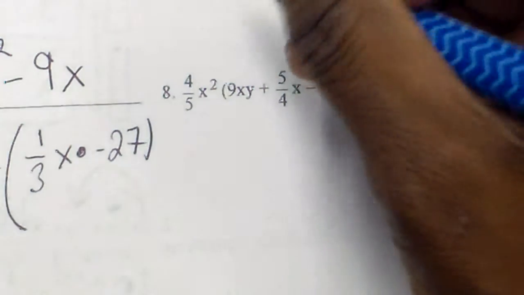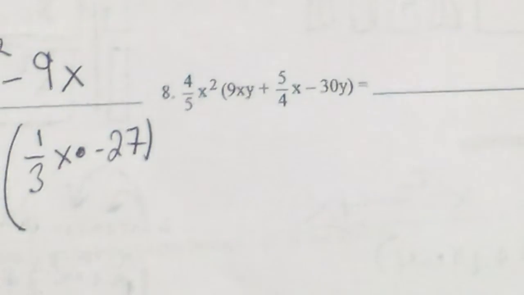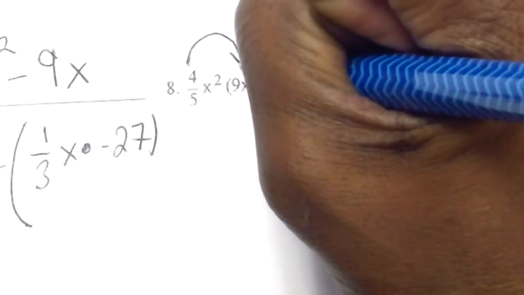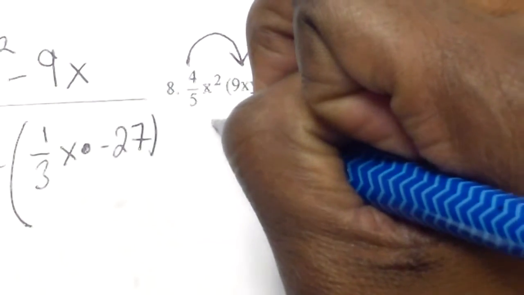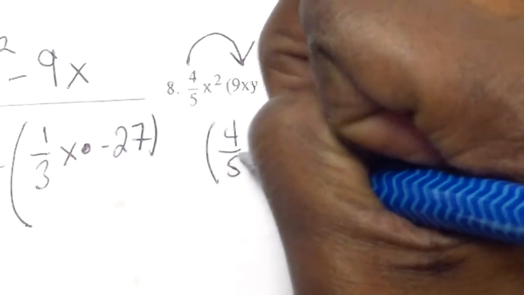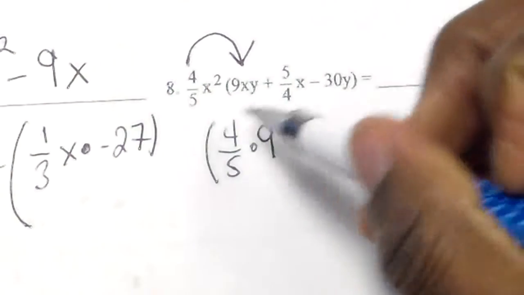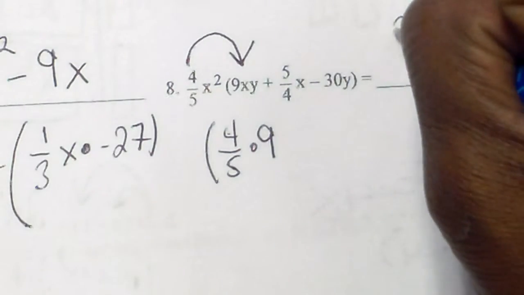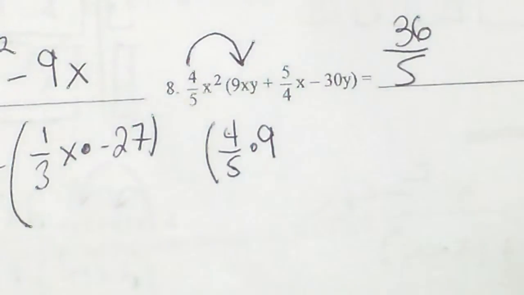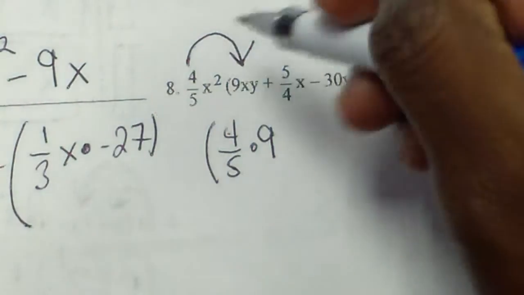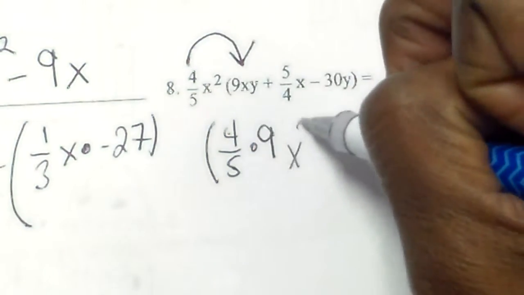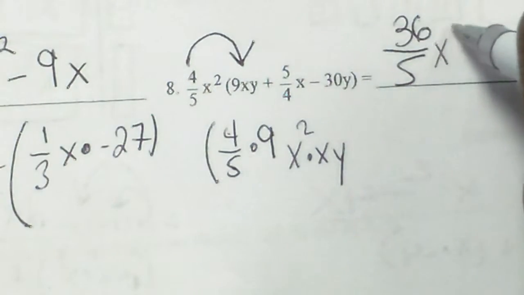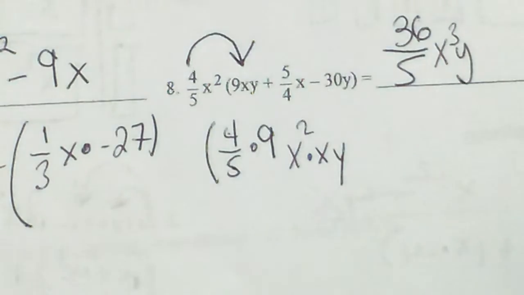Now we're distributing this one. Take it step by step so you don't mess up. 4/5 times 9. 4 times 9 is 36 divided by 5. Then we have the x squared times the xy, same base we add, so that's going to be x to the third y.